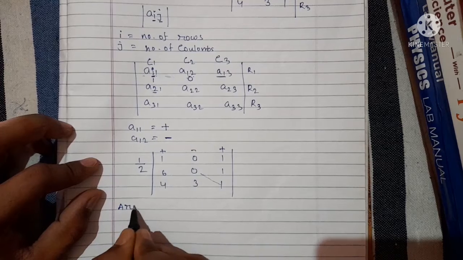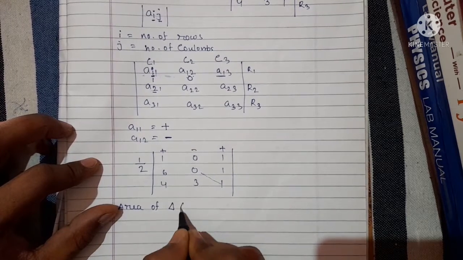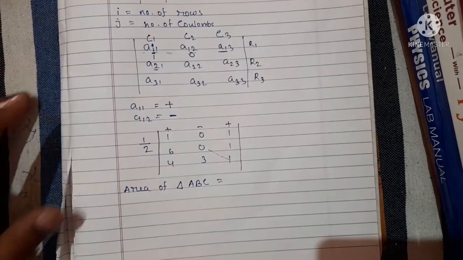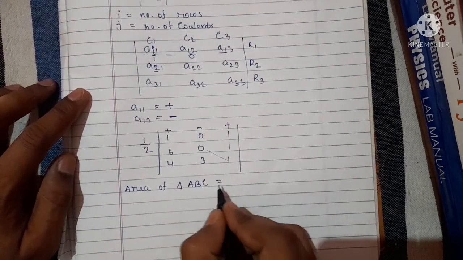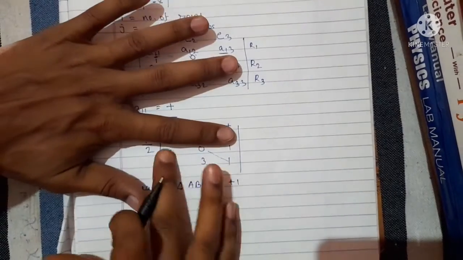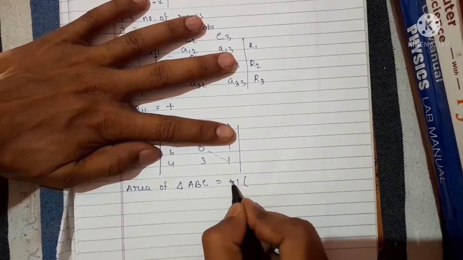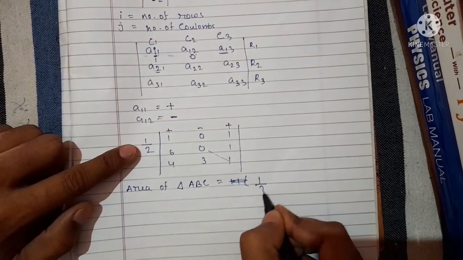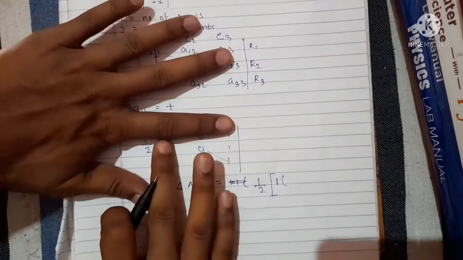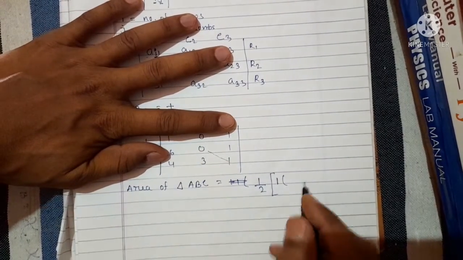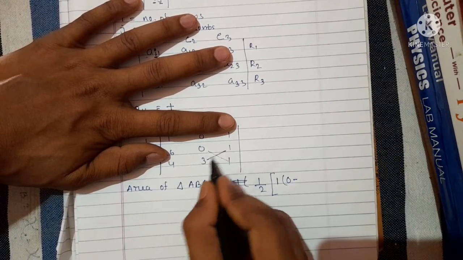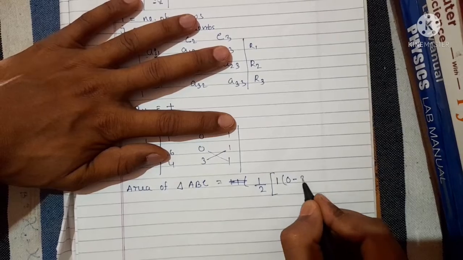Area of triangle ABC is equal to half into the determinant. Plus 1, first row first column, into second bracket: plus 1 into first row first column, 0 into 1 equals 0, then minus 3 into 1, 3 into 1 equals 3.